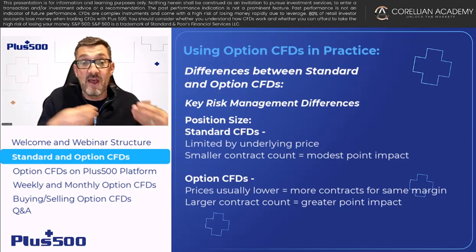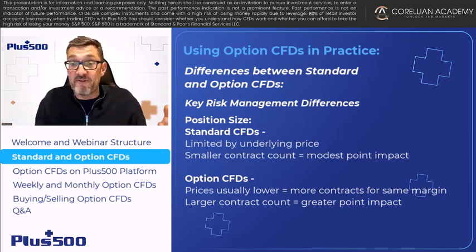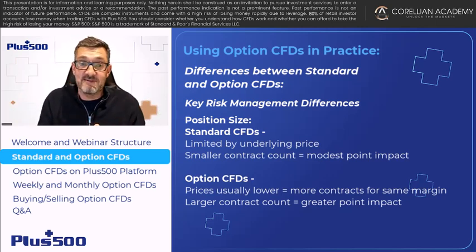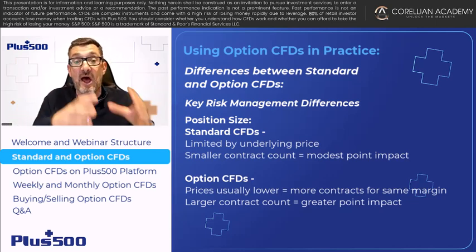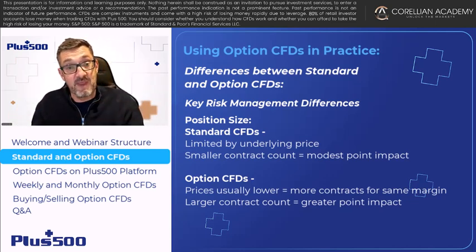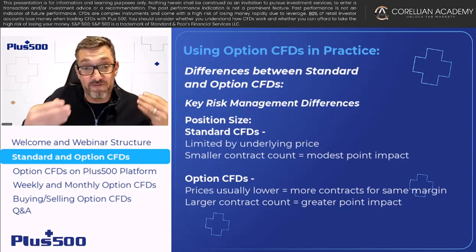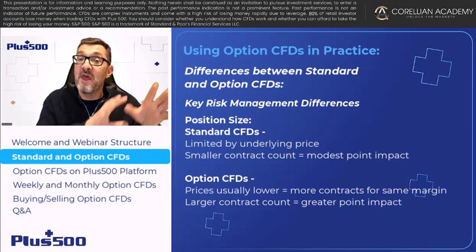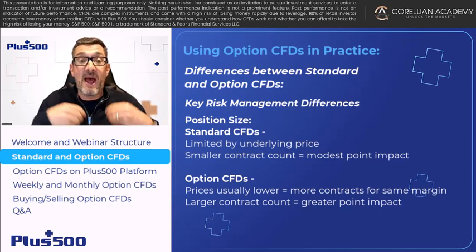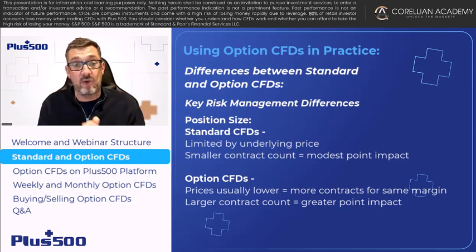With option CFDs, the premium might be 13, it might be 5, or it might be even less. That means your margin stretches further and suddenly you're holding hundreds of contracts, not tens. That's fantastic when the trade moves in your favor, but brutal when it doesn't. Every tick is multiplied across a much larger position, and that's where traders sometimes get caught out.